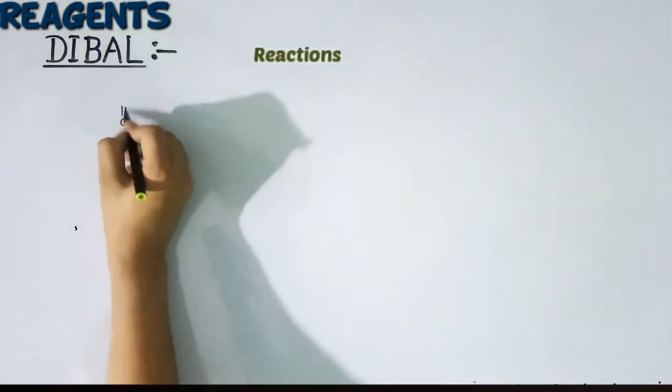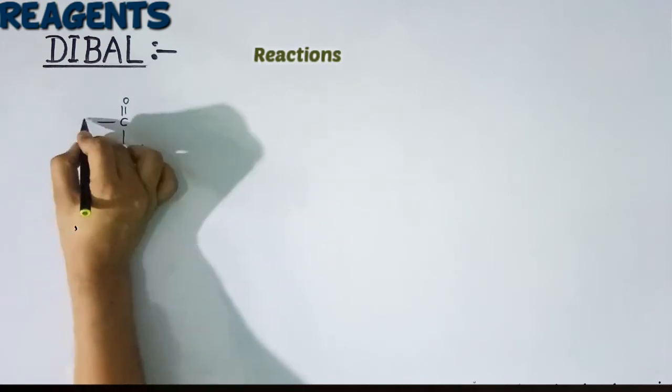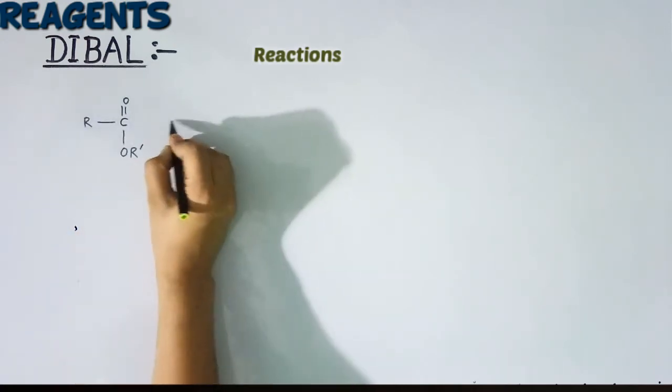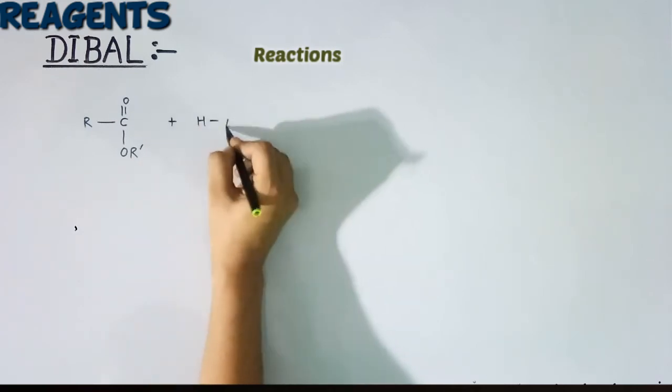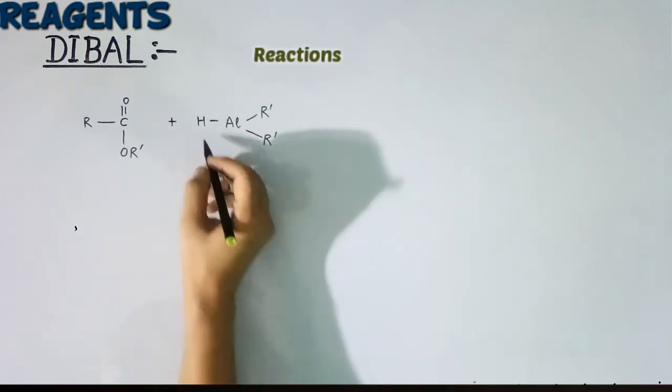So let us see some more reactions, and I had told you earlier that this reducing agent is famous for the reduction of esters into aldehydes and nitriles into aldehydes also. One more thing, it is temperature dependent. So here you have an ester. Okay, now adding DIBAL to it, I am writing those bulkier groups again as R dash, so don't mind.